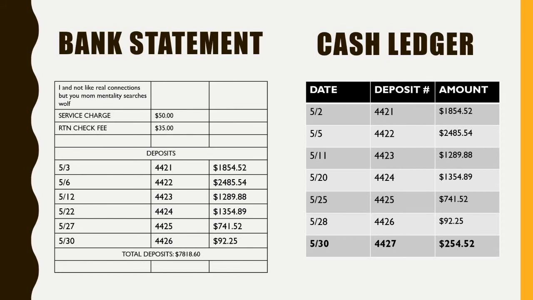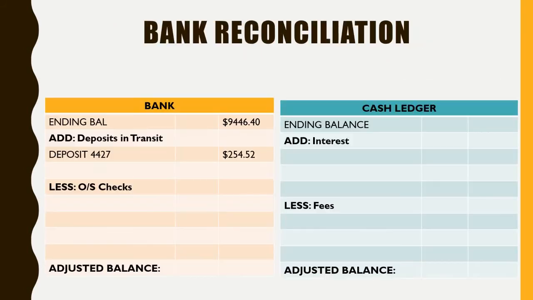No, 27 did not clear. So therefore, this amount right here is still in transit. So I'm going to take that $254.52 and plop it right there. And usually you'll be descriptive, right? You'll say deposit number 4,427 has not cleared yet. And you pop it right there, okay?